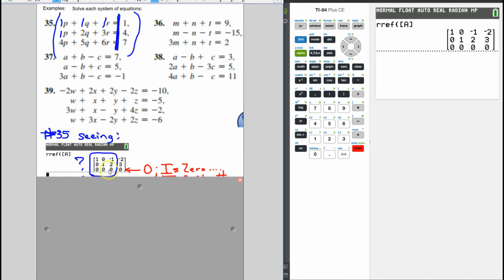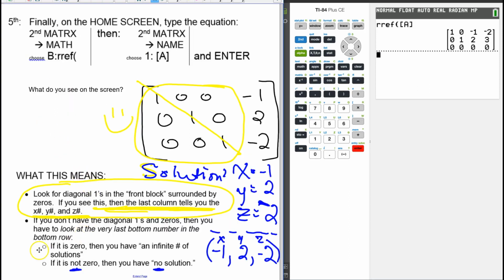We do not see the diagonal ones. So let's look back over here. It said if you don't have the diagonal ones and zeros, then you have to look at the very last bottom number in the bottom row. And it's about whether it is 0 or is not 0.